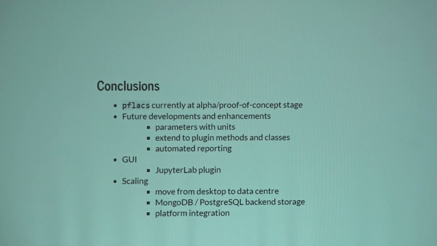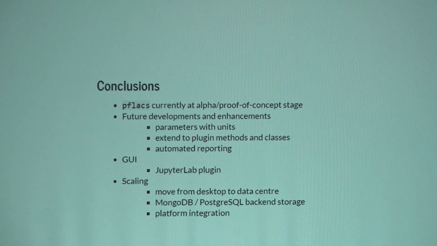So in conclusion, I think I've taken pflacs to a proof of concept stage. I've shown that you can take pure Python functions and, without modifying them, plug them into objects. The pflacs software is still at alpha stage, so there's still development being done on it.